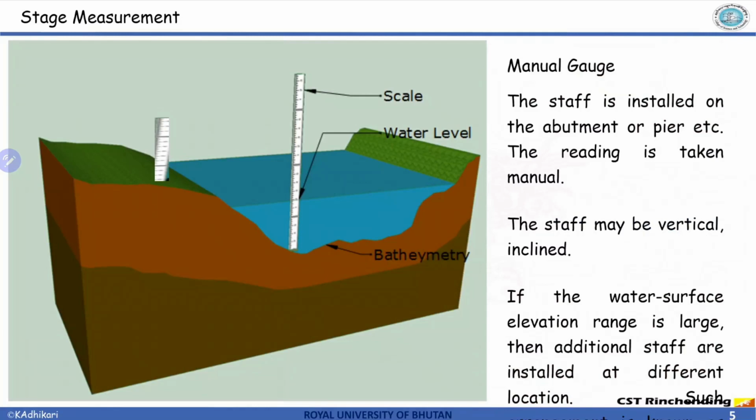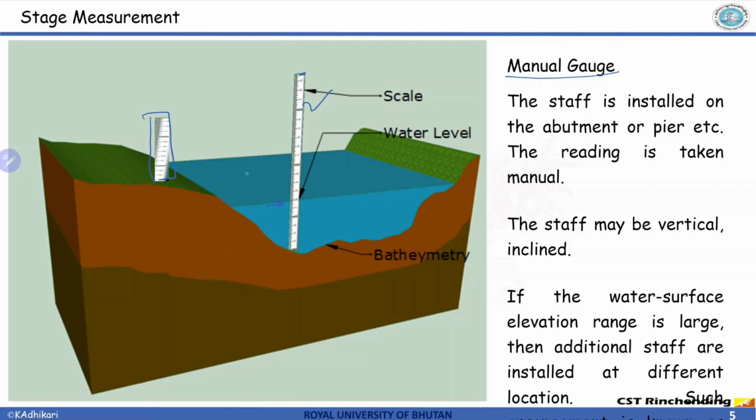So this one is the manual gauging, whereby they will simply install a gauge here, and at various frequency one person will come and record its level. And what happens is, if the water rises way beyond its reach, another gauge staff is installed at a higher elevation.